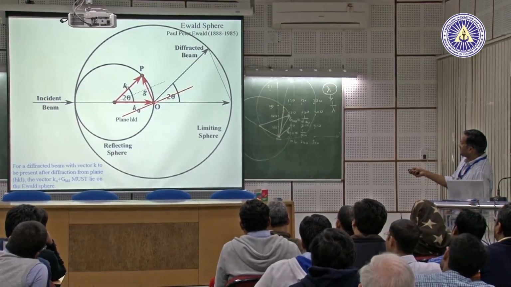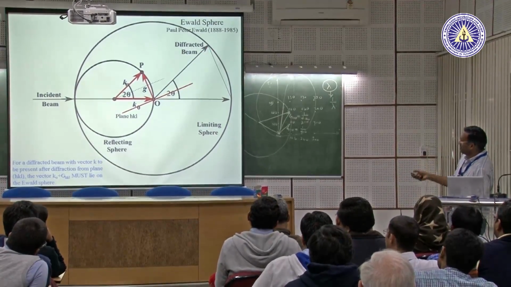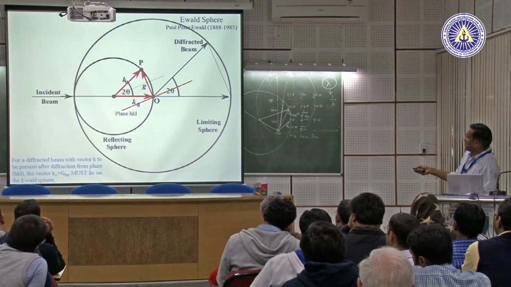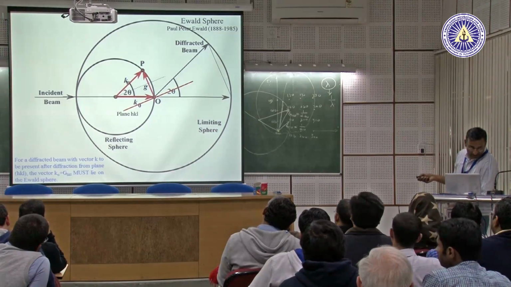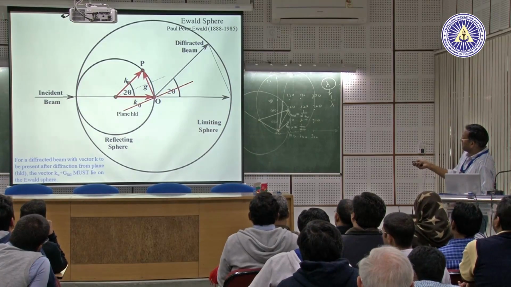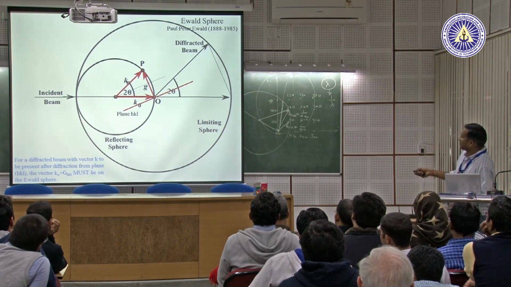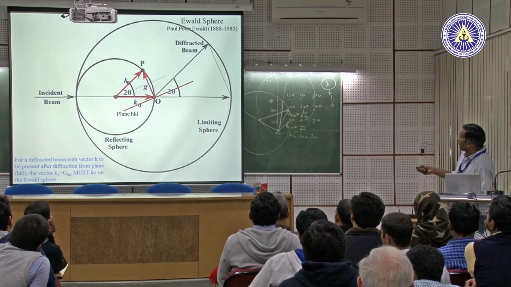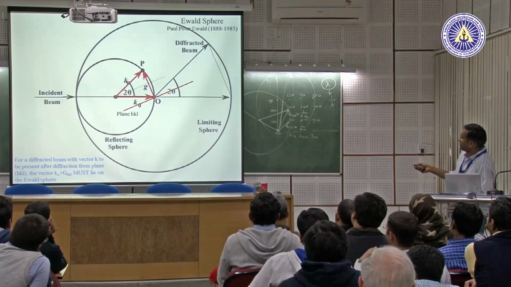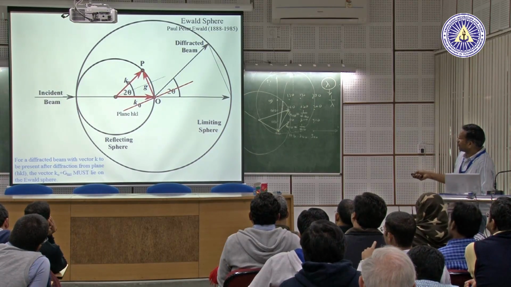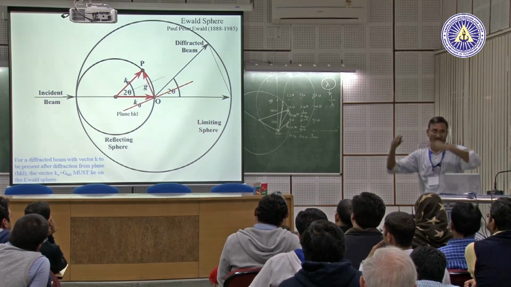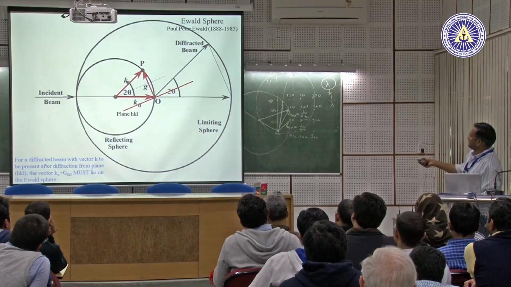The incident beam comes and hits the plane, and it gets diffracted obeying Bragg's condition, that is, the angle between the incident beam and the plane must be equal to the angle between the diffracted beam and the plane, and the angle between the incident beam and the diffracted beam should be equal to 2 theta. So for a particular point P to diffract, it must lie on the surface of this sphere, or circle in 2D, which is intersecting the reciprocal space. If you look at it in 2D, basically the sphere will be a circle.